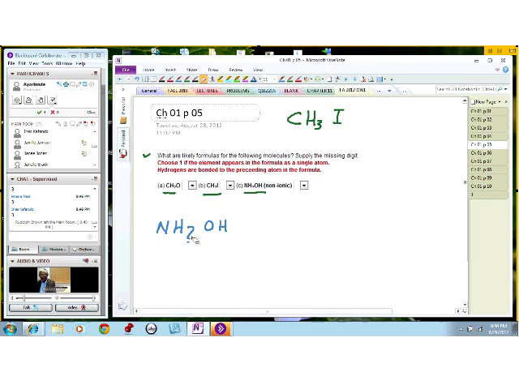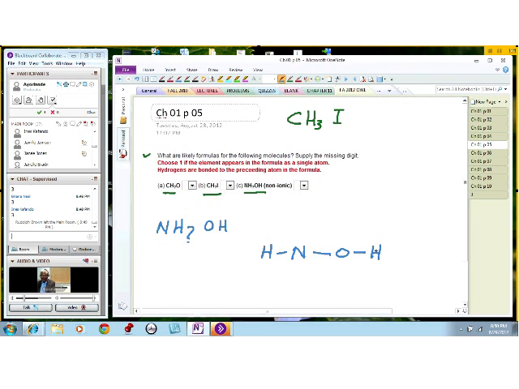In other words, how many hydrogen atoms will be right here? Following valence and octet rules, let's draw the skeleton, the frame for the structure. We have nitrogen. At this point, we show that it is bonded to one hydrogen. It is also bonded to oxygen. Our oxygen is bonded to hydrogen.